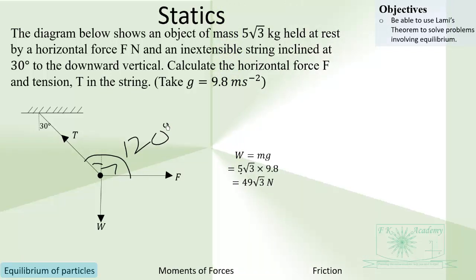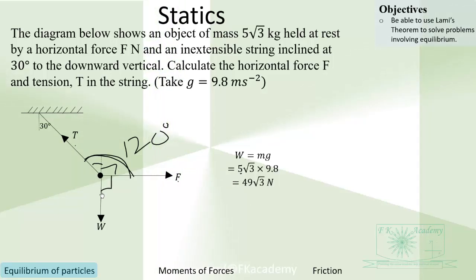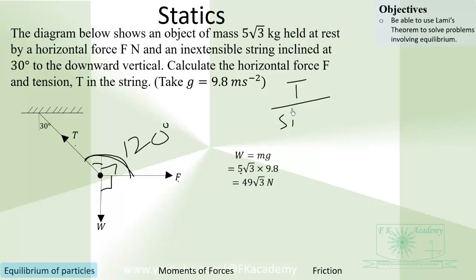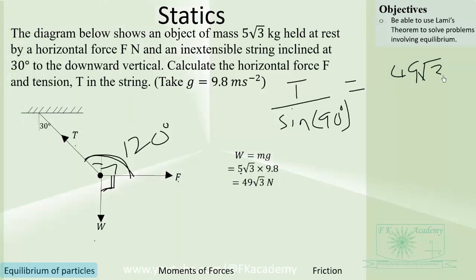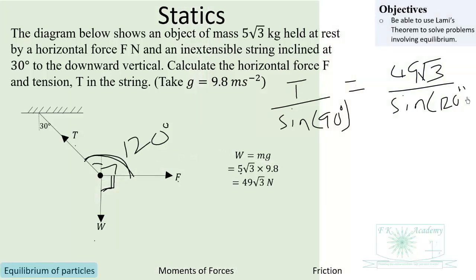So our focus is to find the angles between the forces. The angle between the tension and the force F is 120. The one here is 90 degrees. So we can calculate the tension. We know that T over the sine of the angle opposite to it, sine 90 degrees, will be equal to the weight, 49√3 newtons, over the sine of the angle opposite to it, which is 120 degrees.